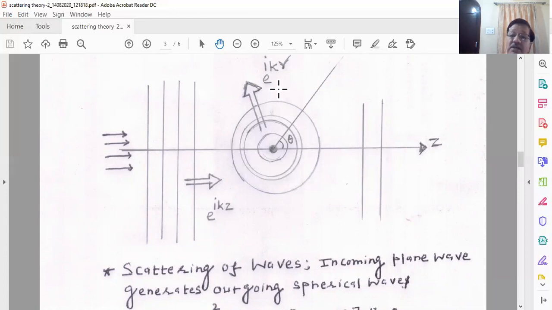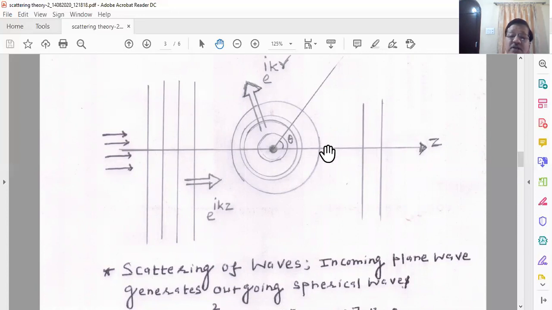And there is another eigenstate, the plane wave which is unscattered, not at all scattered, so that is given by e to the power of ikr. So once you have the scattering, there are two eigenstates.